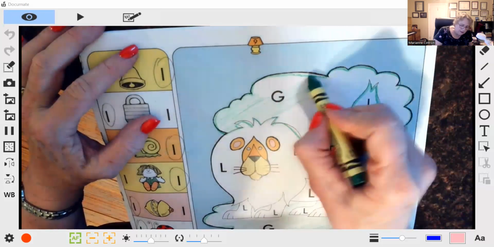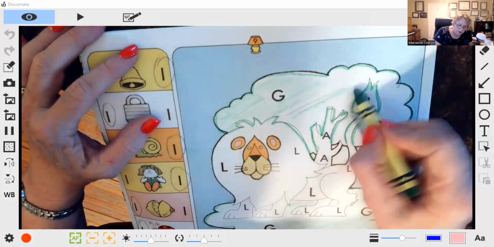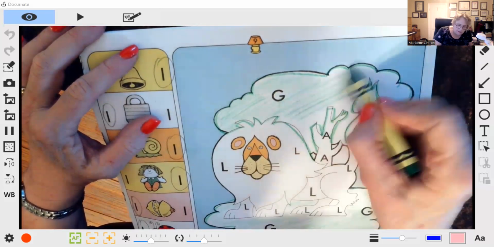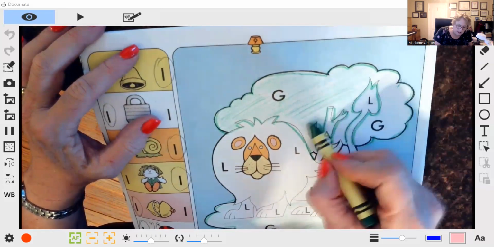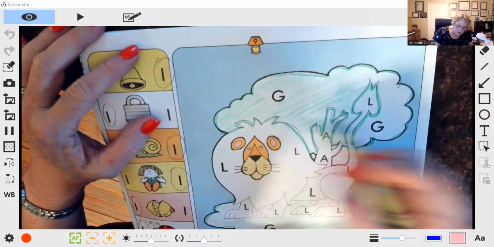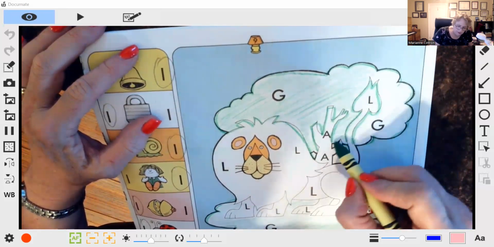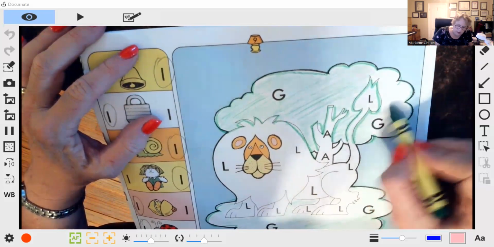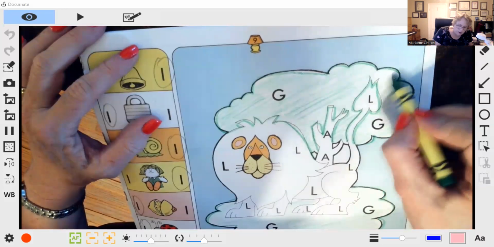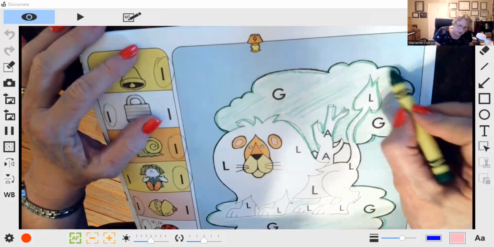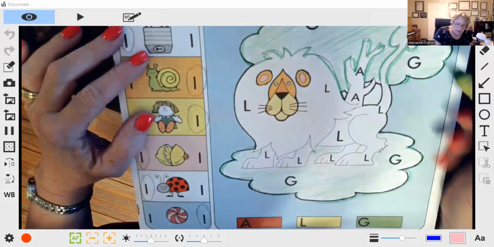I also like it because outline gives a dark color, like when a mom wants to outline her lipstick with a darker color. It gives a nice look. And we're going to fill the green in there. Now I'm going to try to do all my green, okay? Try to do all the same color so that you can narrow it down. Do I have any more G's? Nope, that's all the G's.